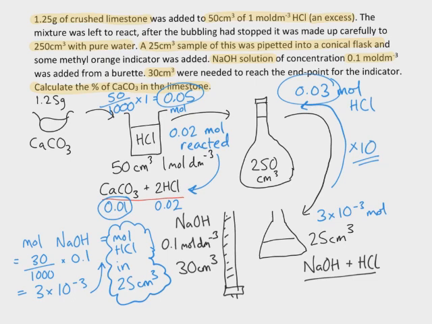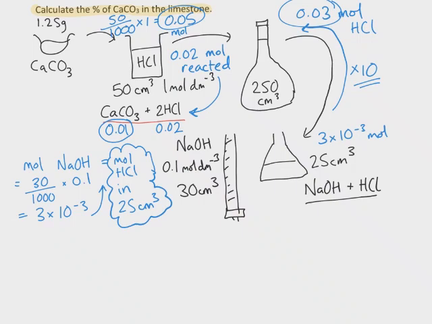So I'm nearly at the end of my calculation, which of course means that I'm probably going to switch over to my Victory green pen. I've got 0.01 moles of calcium carbonate in the sample, and the sample weighs 1.25 grams, and that's not pure calcium carbonate.